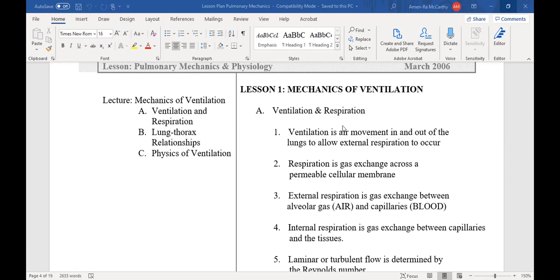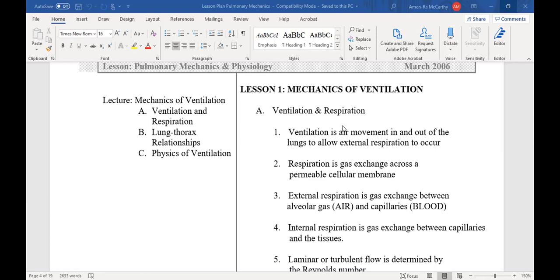Type 2 cells make surfactant. There you go. Type 1 cell. So respiration, the external respiration, is gas exchange across the type 1 cell of the alveoli and the capillary. The gas is diffusing in and out. That's what permeable means. It's able to get through.